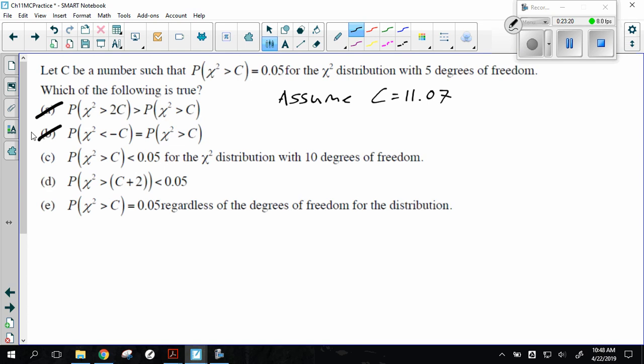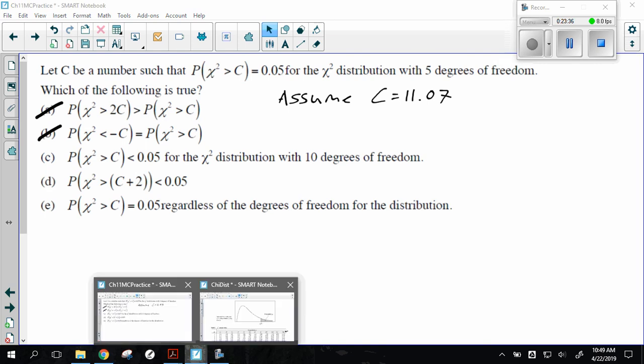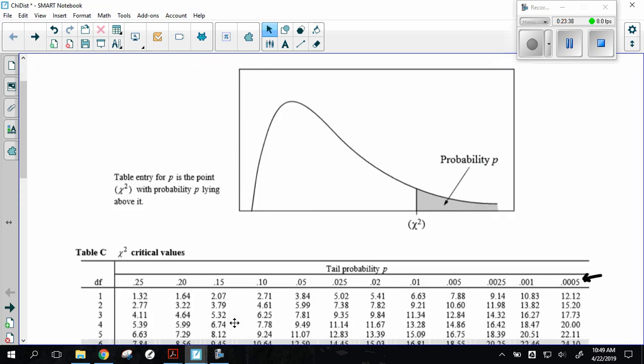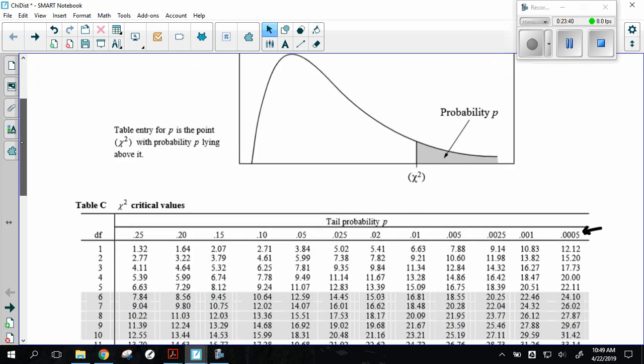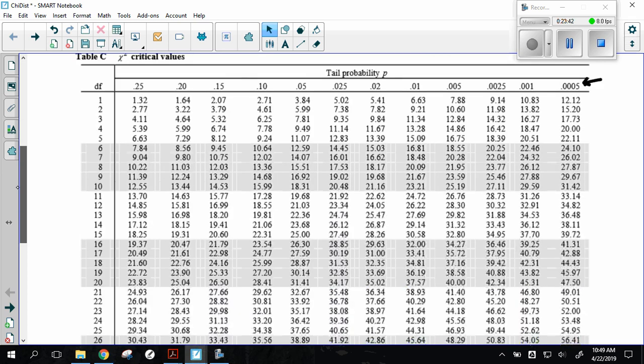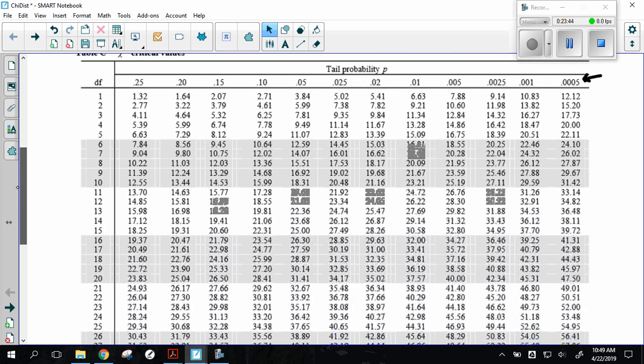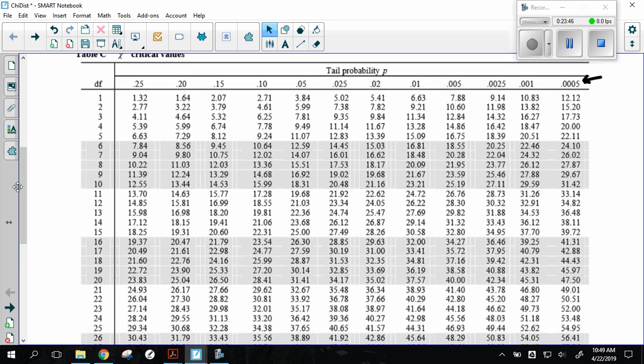For 10 degrees of freedom, the probability is going to be greater than 0.05. So let's go ahead and look at that at 10 degrees of freedom. 11.07 would be our chi-square value.